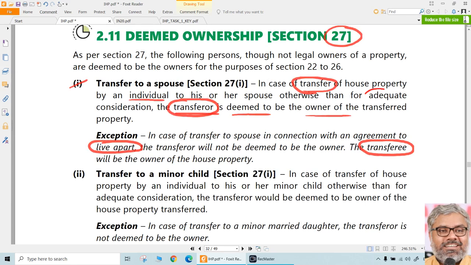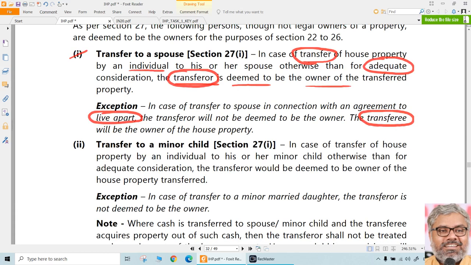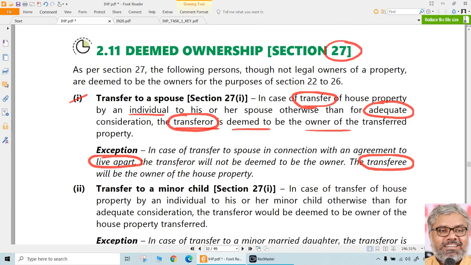Of course, what is adequate? All these things, we don't have to worry about them. There is a special discussion on all these things in the chapter on clubbing of incomes. But still, what is adequate has to be a judgment that has to be exercised by the assessing officer also. That also matters. But yes, one court case is there.